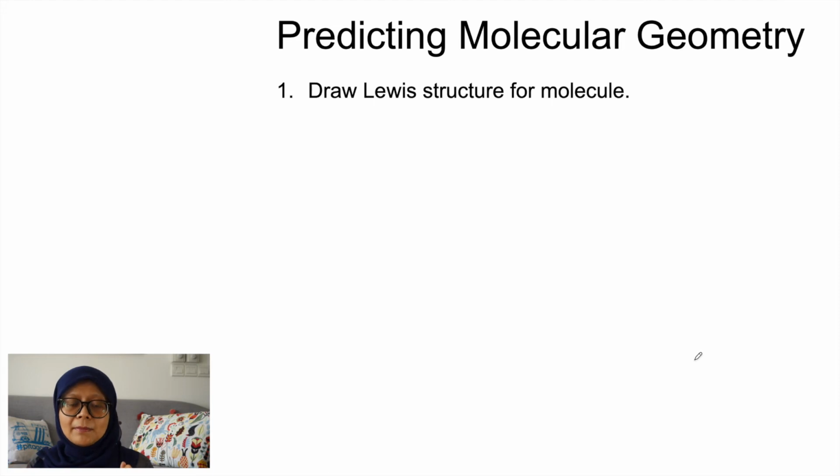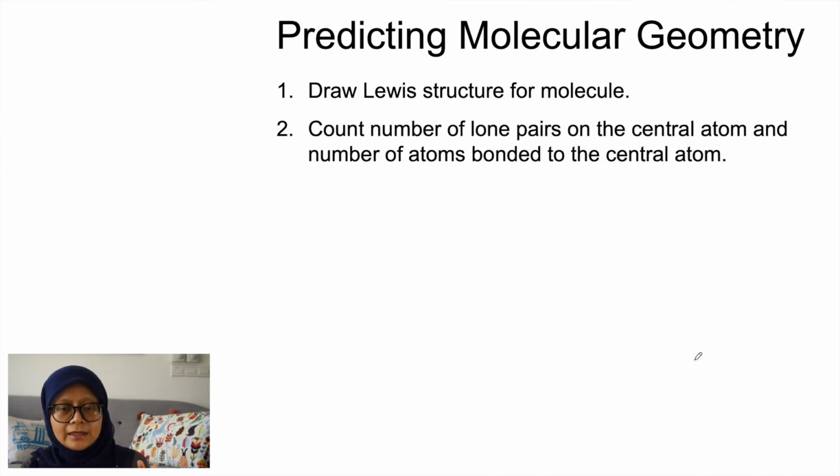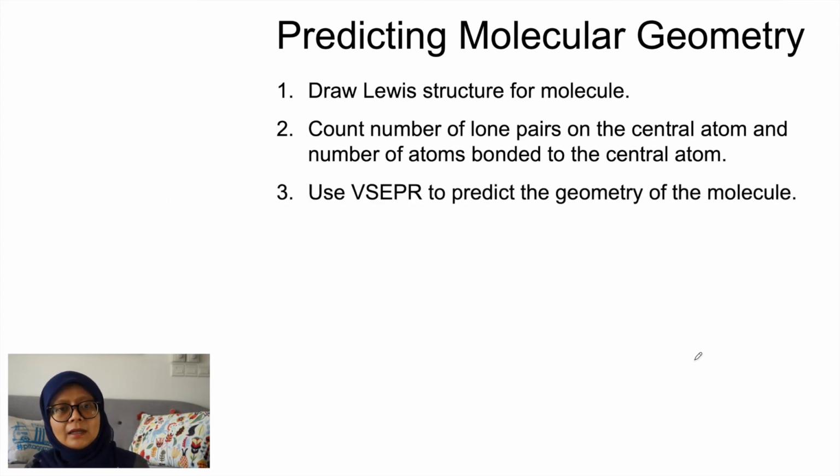After that, you need to count the number of lone pairs on the central atom, and determine the number of atoms bonded to the central atom, or surrounding atoms. Last but not least, you need to use VSEPR to predict the geometry of the molecule. So we have plenty of shapes or geometries of molecules here.